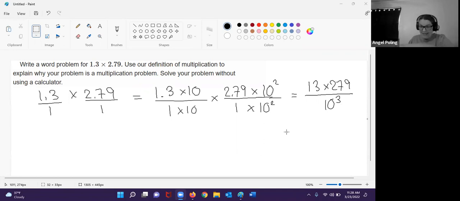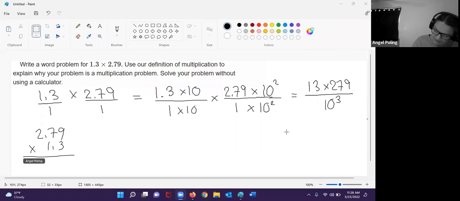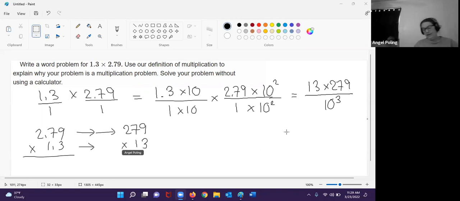Okay, so now you can more clearly see when we wrote 2.79 times 1.3, we said multiply by 10 gets me to 279. Multiply 1.3 by 10 and we get to 13. And we can ignore the decimal places and multiply these as if they were whole numbers, right?